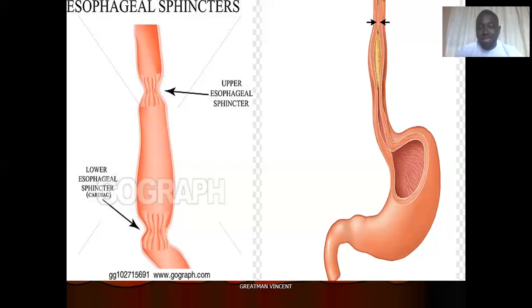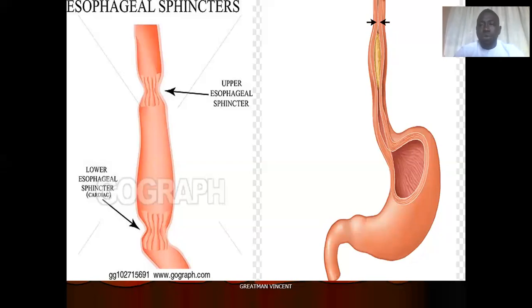What happens distinctively at these phases is that at the oral phase, food is being masticated into smaller particles, and then it will be acted upon by saliva and other digestive enzymes like lingual lipase and alpha amylase. When food gets into the pharyngeal phase, there will be the pharyngeal reflexes, making sure that the nasal cavity is closed by the elevation of the uvula and the soft palate.